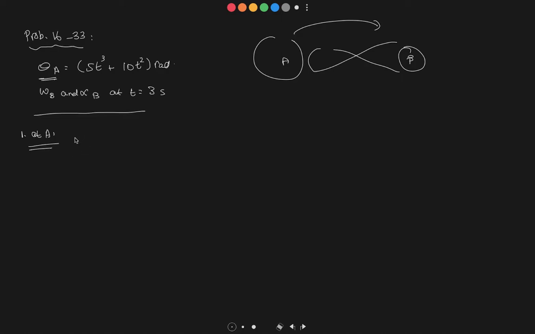At A, the angular velocity, omega A, is d theta A with respect to time. So you differentiate the equation 5t cubed plus 10t squared. This gives you 15t squared plus 20t, in radians per second.